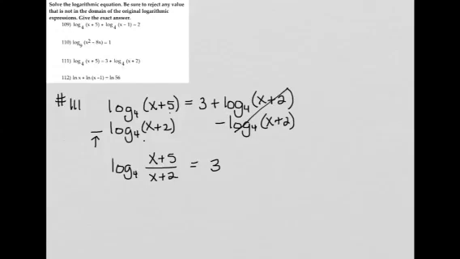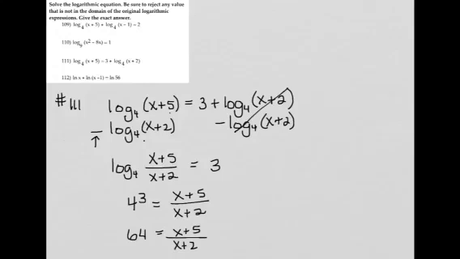Now I'm going to change to exponential notation, so I get 4 to the power of 3 equals x plus 5 over x plus 2. And 4 cubed is 64.